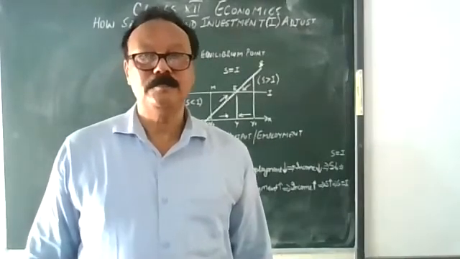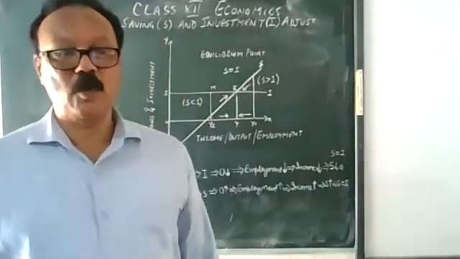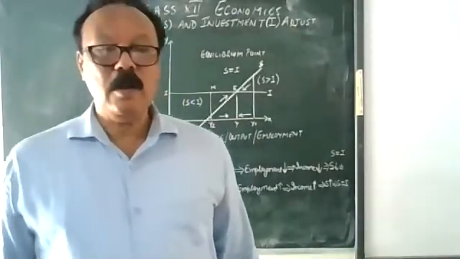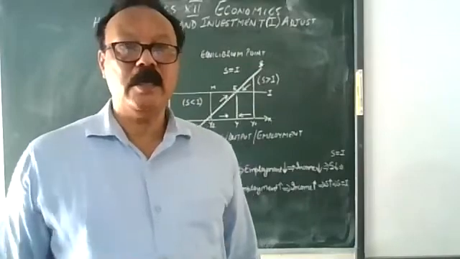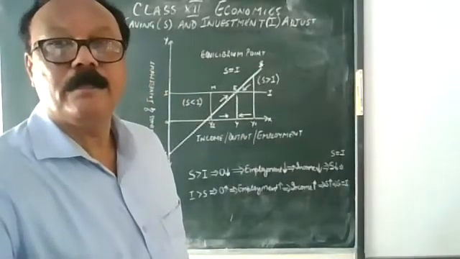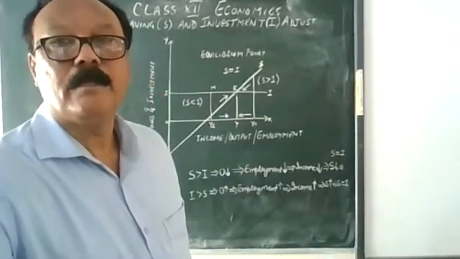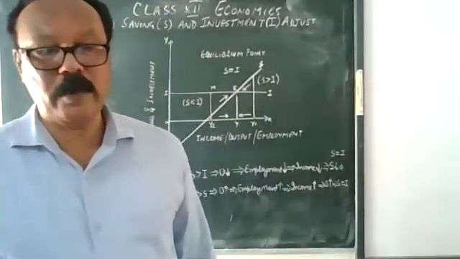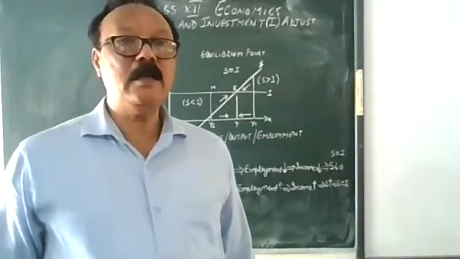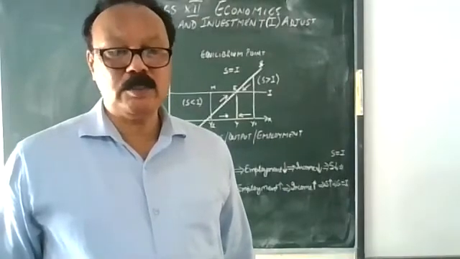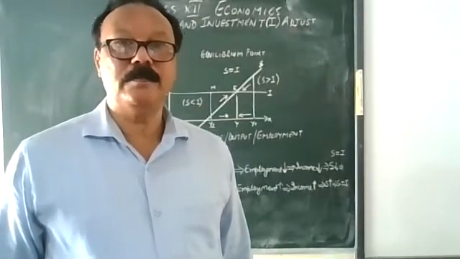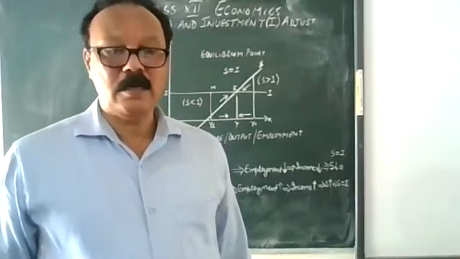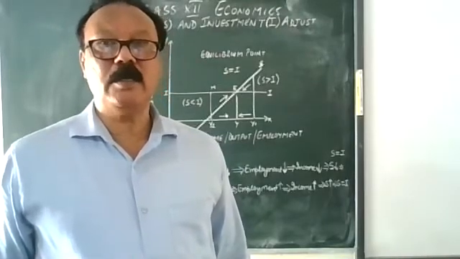Number one, first point, full employment equilibrium. And number two, second point, underemployment equilibrium.